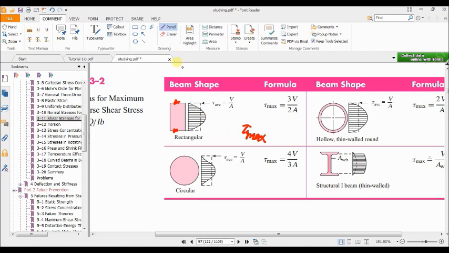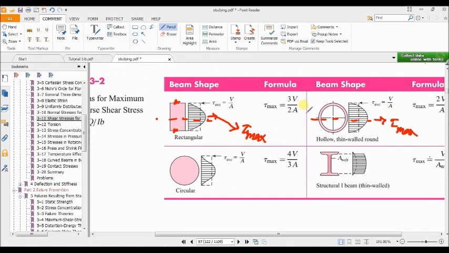So if I draw the neutral axis, you can see that the maximum shear stress will happen at the neutral axis of the cross section. In a similar way, for the circle cross section, the maximum shear stress will be located at the center of the cross section.